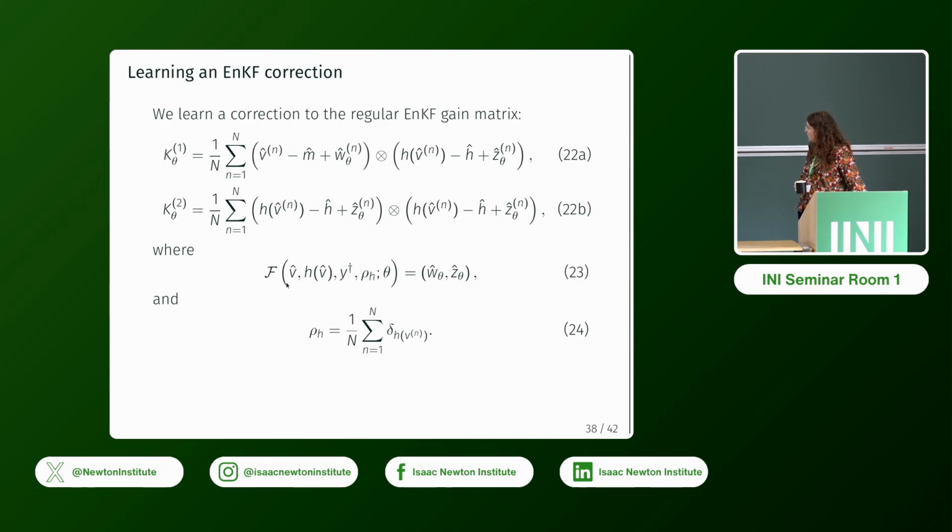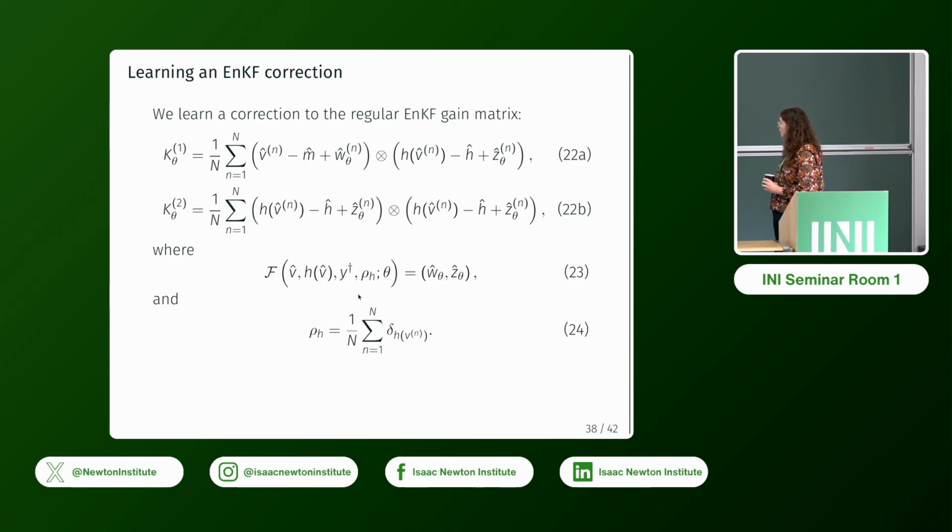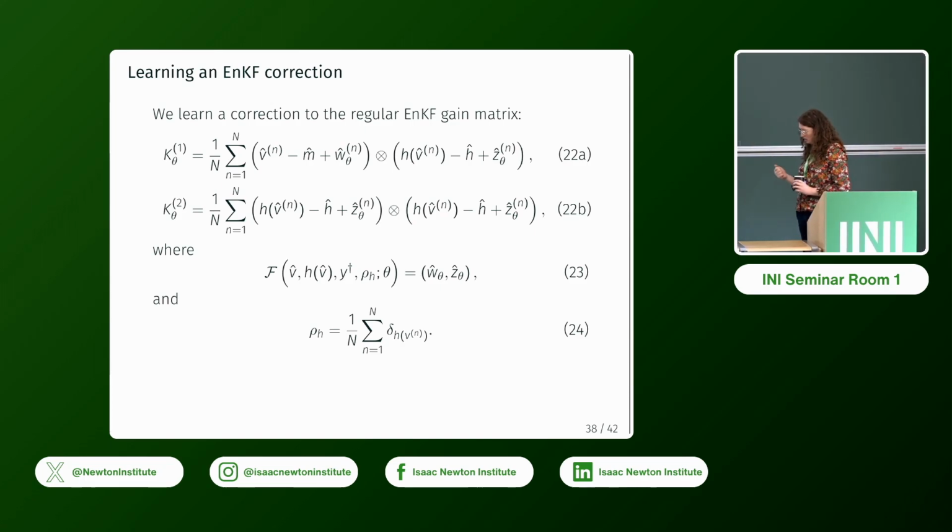The inputs to the neural network, which I'll describe in a second, are the ensemble member projected into the observation space, the actual observation, and this rho H, which is the empirical measure of the entire ensemble. So these particles are interacting.